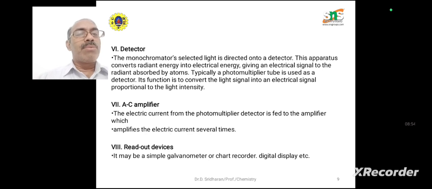Its function is to convert the light signal into an electrical signal proportional to the light intensity. Then the amplifier: the electric current from the photomultiplier detector is fed to the amplifier, which amplifies the electric current several times. Clearly, we can get the results by using this step. And then a display.